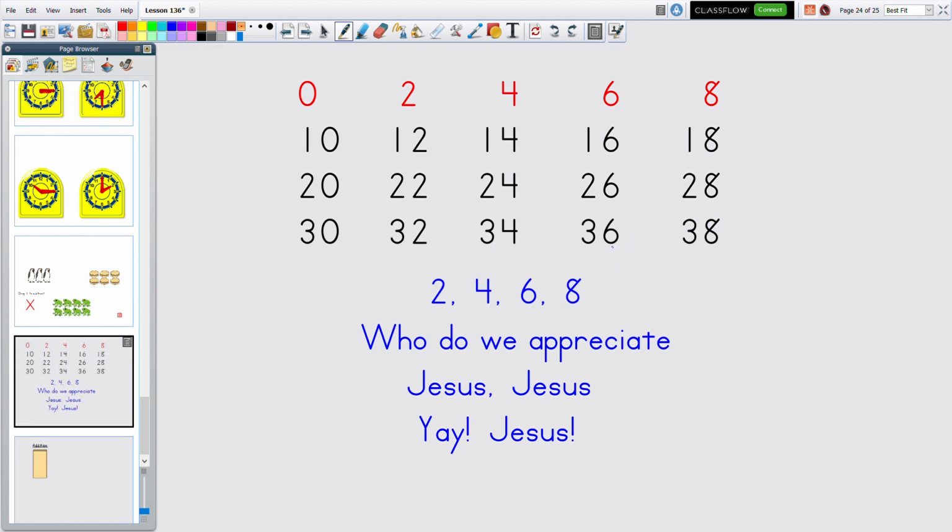Now I try to remember how to do this. I came up with this little saying that I like to do. Let's say this with me. 2, 4, 6, 8. Who do we appreciate? Jesus. Yay, Jesus.